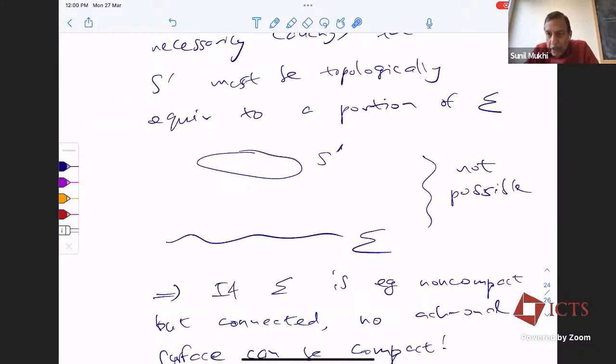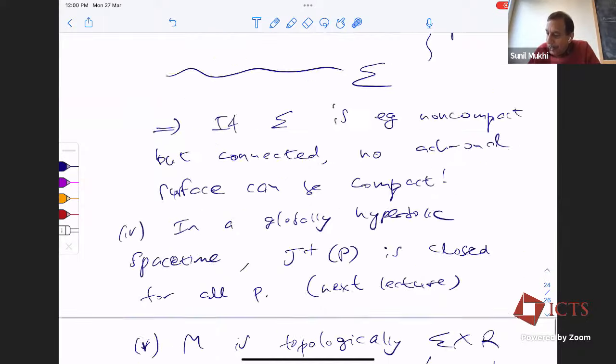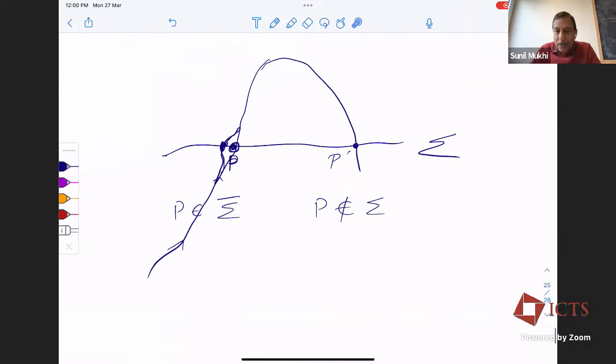Okay, why is deforming allowed? Krishna had this question about this little cheat at the end. The point why it's allowed is the fact that P is in the closure. You see, P could have been not in the closure of sigma. Sigma, we are assuming, is non-compact, and P could have been somewhere a mile away from it. Then this construction wouldn't do any good. But the fact that P is in the closure means that any infinitesimal deformation away from P lands on sigma.